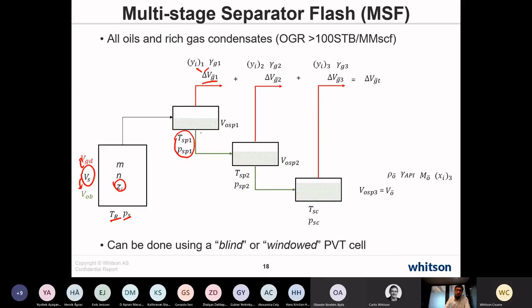Then we take this equilibrium oil volume and flash it to another separator pressure and temperature that represents our second stage. Because this second pressure, PSP2, is lower than the first stage separator pressure, you will again get two phases.